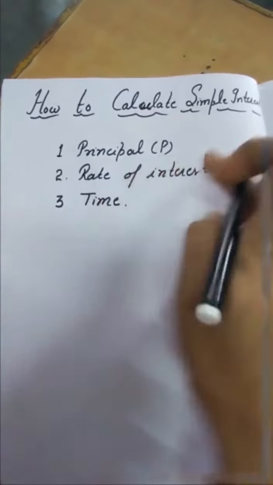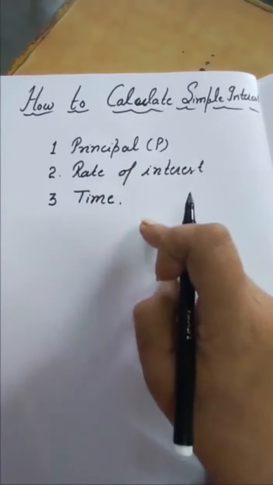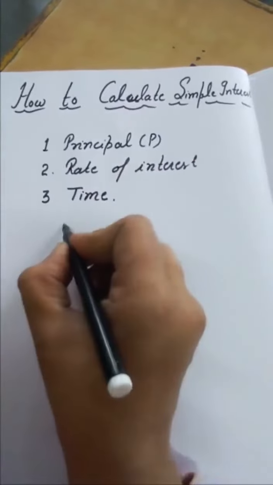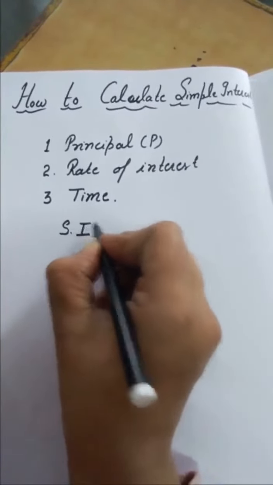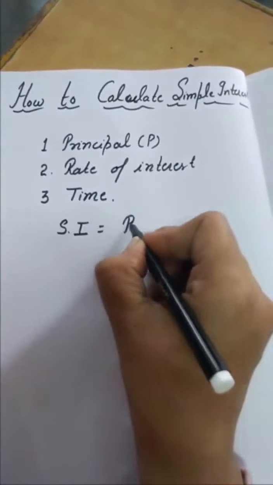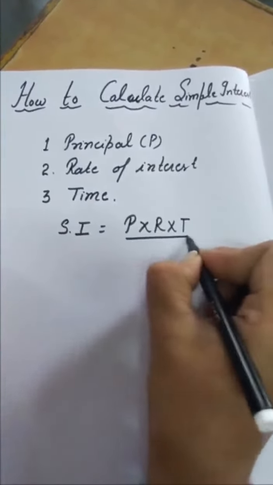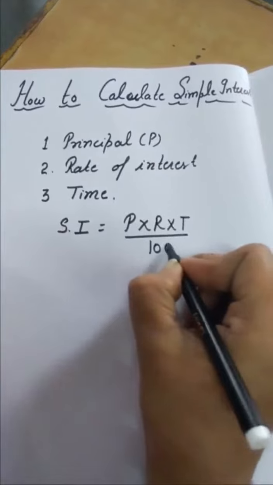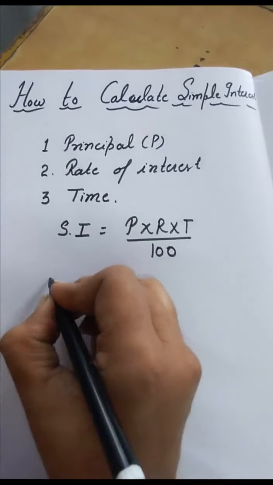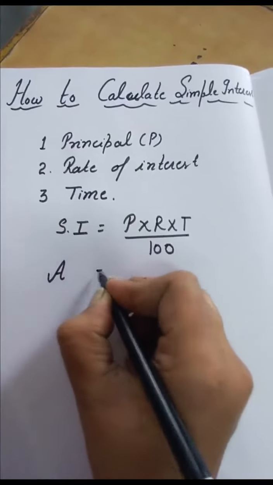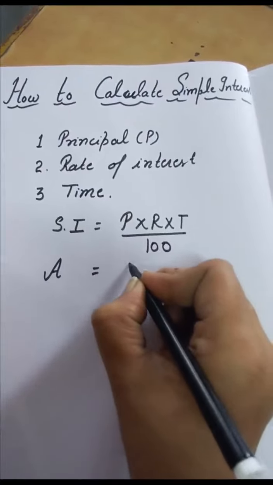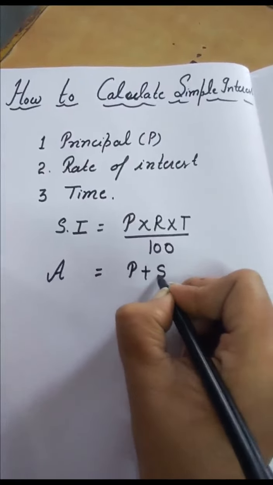So, according to these three factors, we can calculate our simple interest. So, the formula to calculate the simple interest is principal into rate into time upon 100. And the formula to calculate the amount is principal plus simple interest.